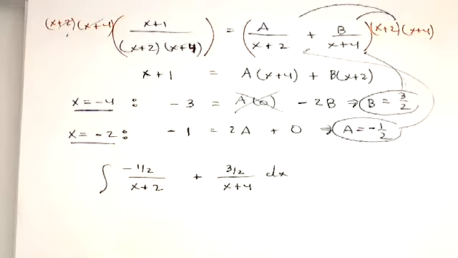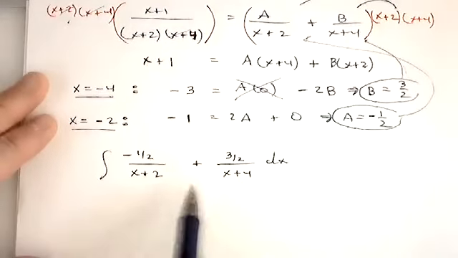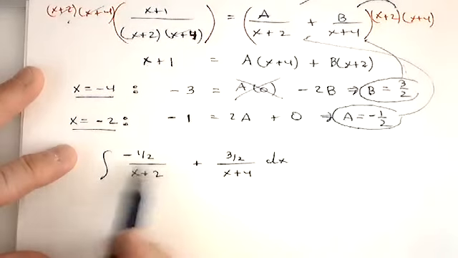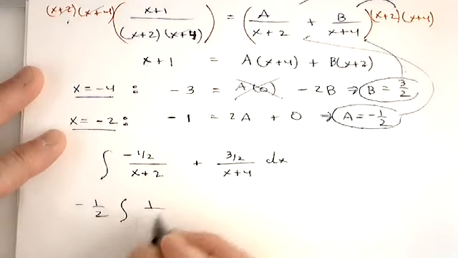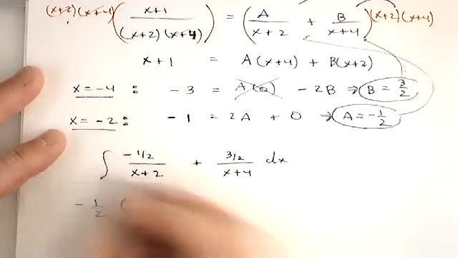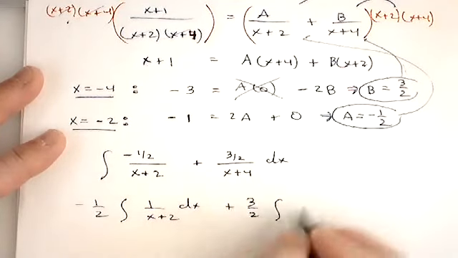Let me slide that up. After you get good at these, I know it's hard because things are going really fast. You'll see you don't really have to rewrite it, but if it helps to see this, by all means do it. You could bring out the 1/2 and separate this into two separate integrals.